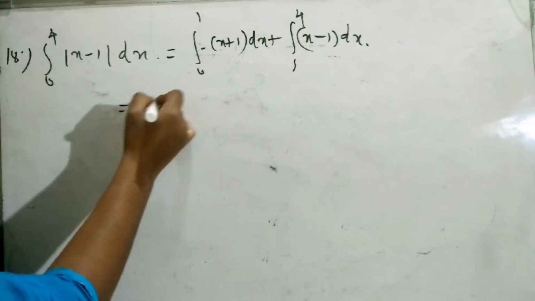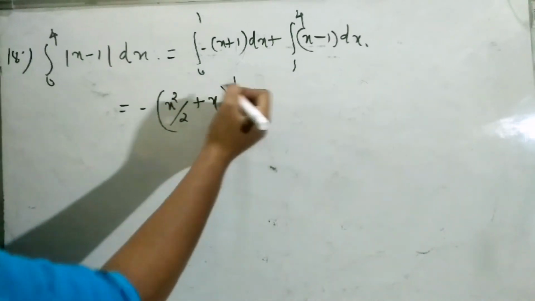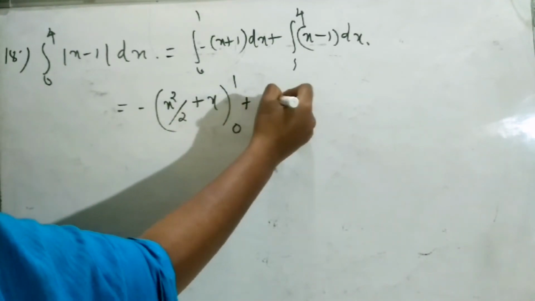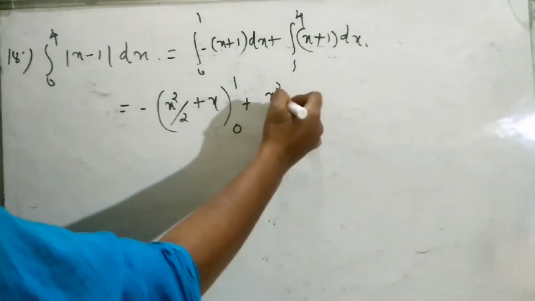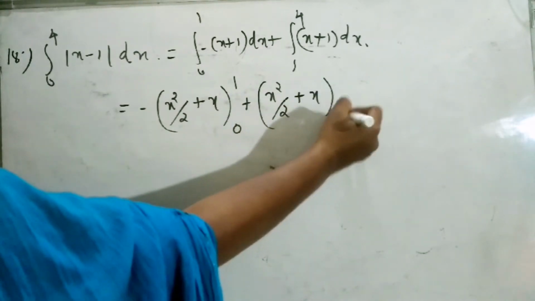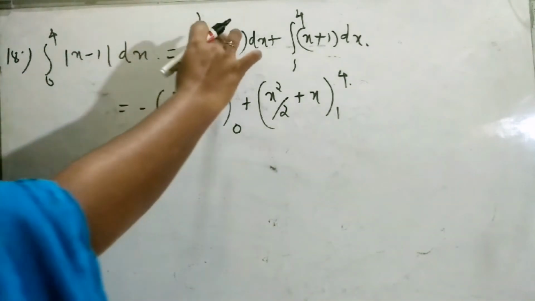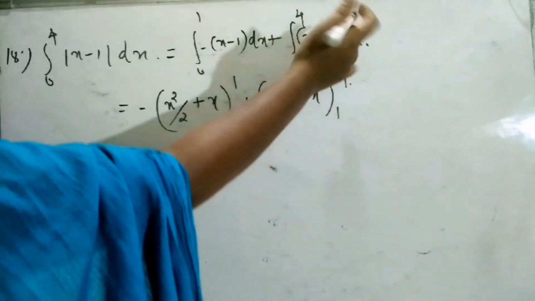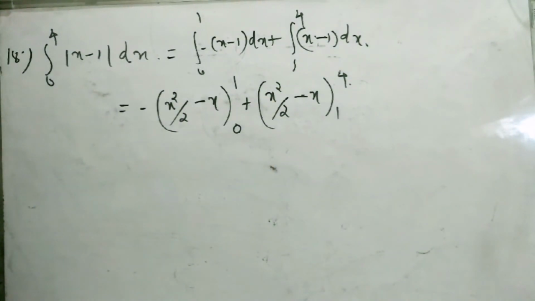Now this is equal to minus of x square by 2 plus x from 0 to 1, plus x square by 2 plus x from 1 to 4. Okay, it is minus of x minus 1, so x square minus x, and here also x square minus x: minus of x square by 2 minus x from 0 to 1, and x square by 2 minus x from 1 to 4.